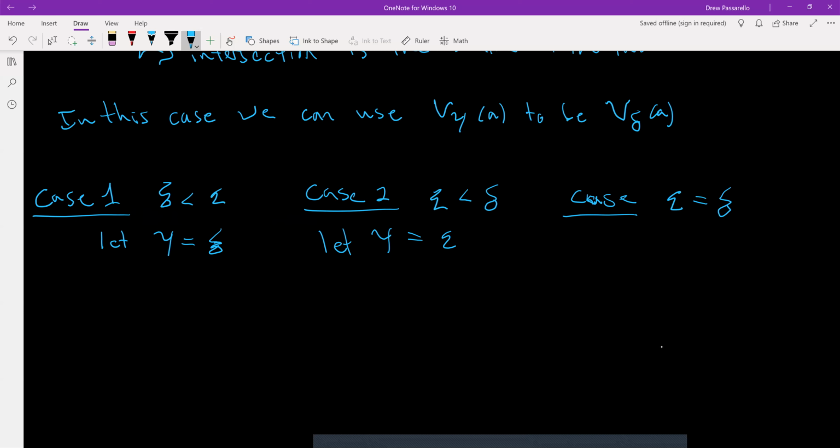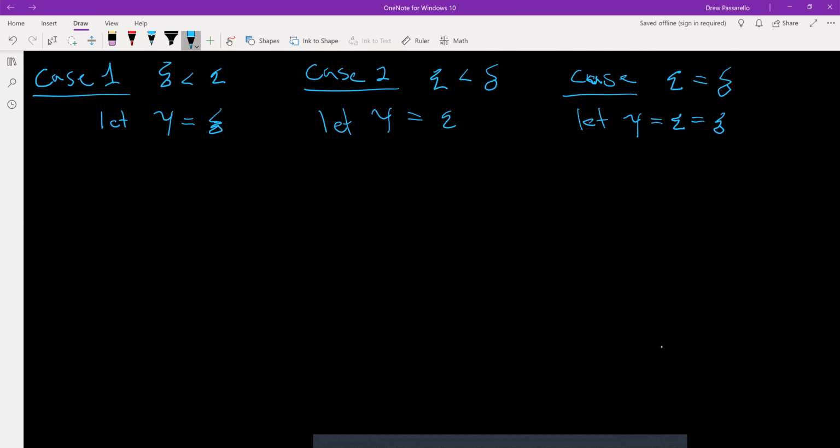So if the two neighborhoods have the same radius, if epsilon equals delta, then you just let gamma be equal to epsilon, which is itself equal to delta. I'll do case one, and since case two is the same as case one, it's just switching the letters epsilon and delta.